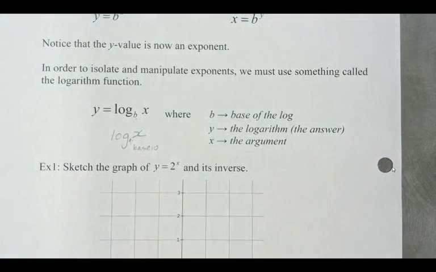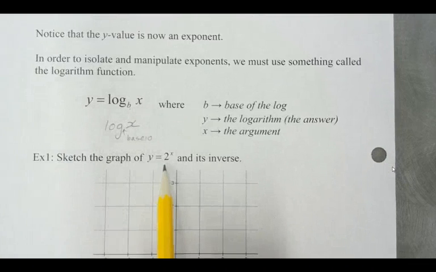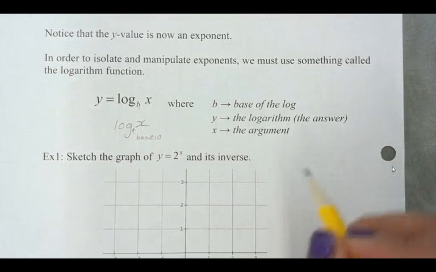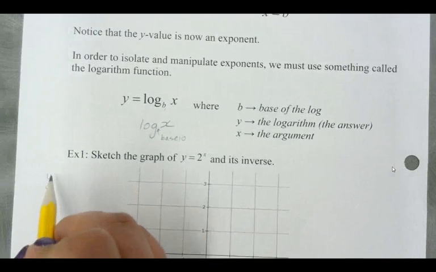So for this one, it says y equals 2 to the power of x. We want to see the graph of this and the inverse. For the graph of y equals 2 to the x, let's draw a little table of values.